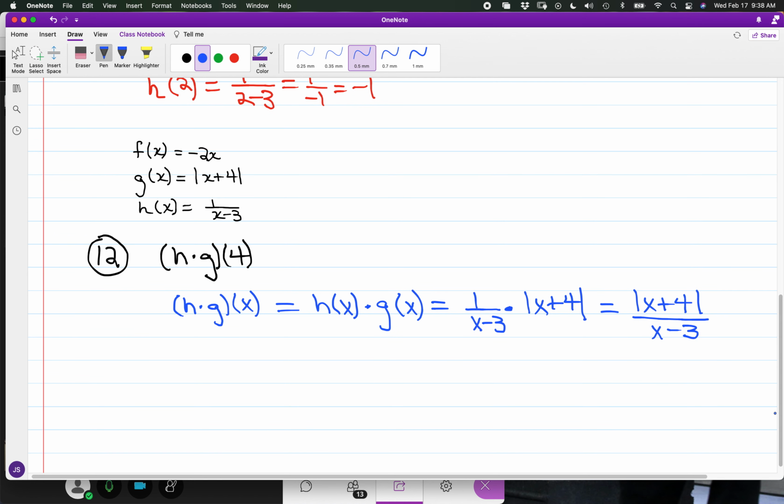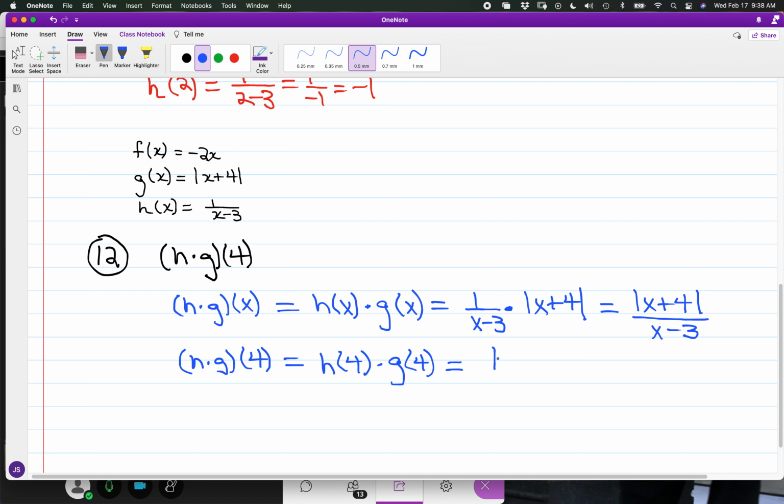Now for h times g of 4, again we have h of 4 times g of 4, and just taking what we have with x set to 4.